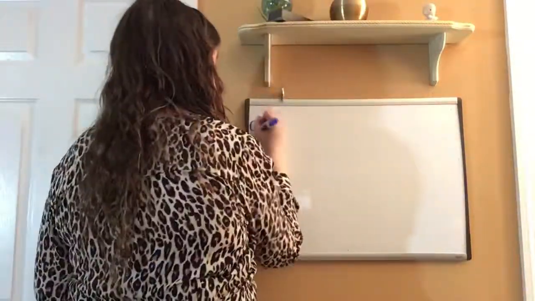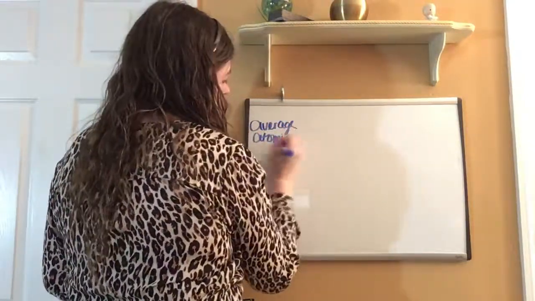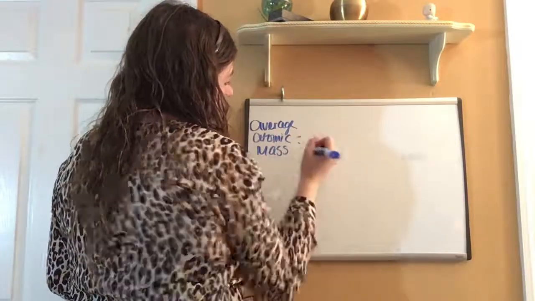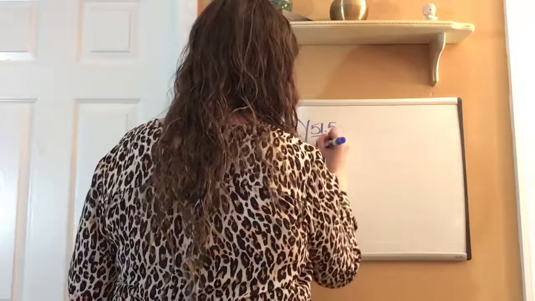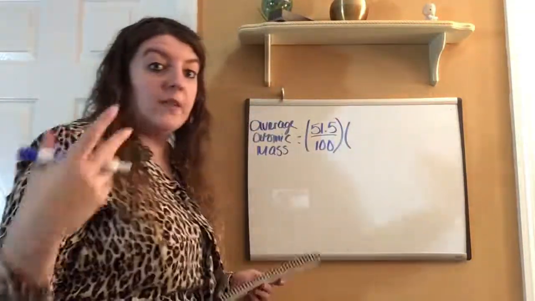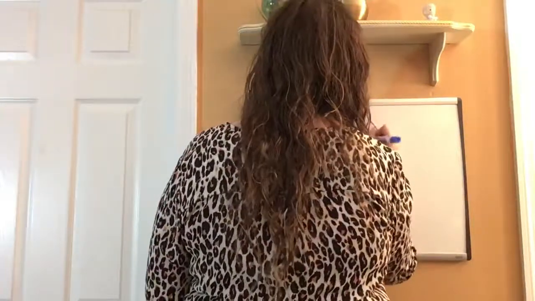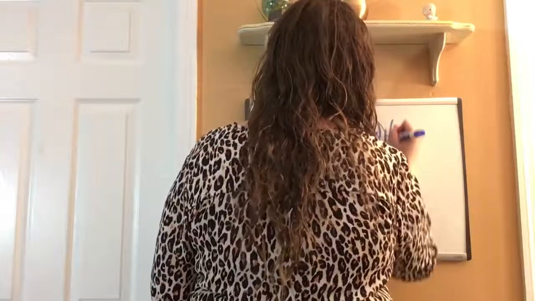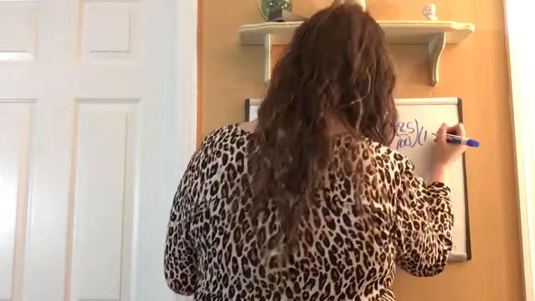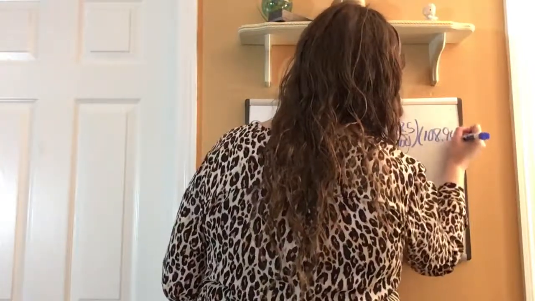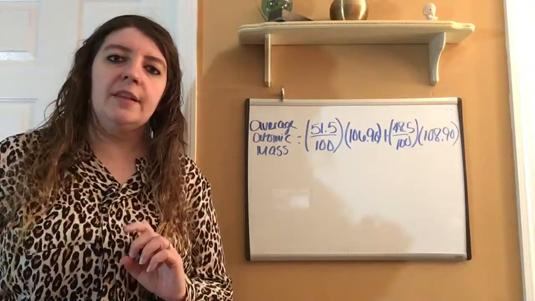I write out my average atomic mass is equal to 51.5 all over 100 times, what was that first atomic mass that I discussed? It was 106.90 plus 48.5 all over 100 times 108.90. Okay? Pretty simple. Just making sure that we're lining things up correctly.